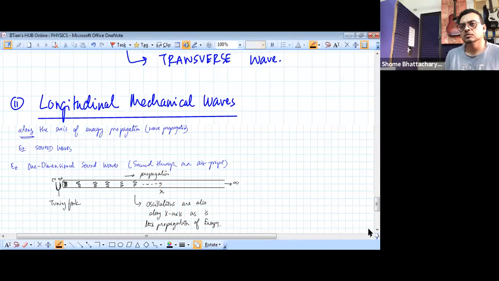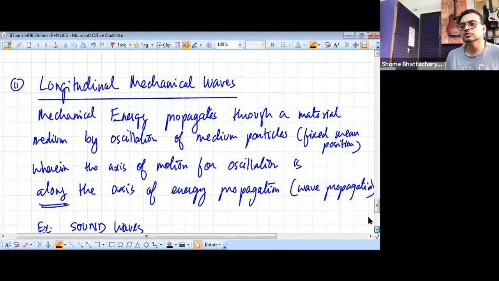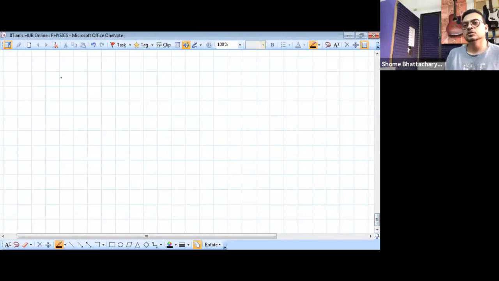Okay. So now let us move more towards the mathematical side of this. So we come to the first chapter of waves, which is, coming back to transverse mechanical waves.